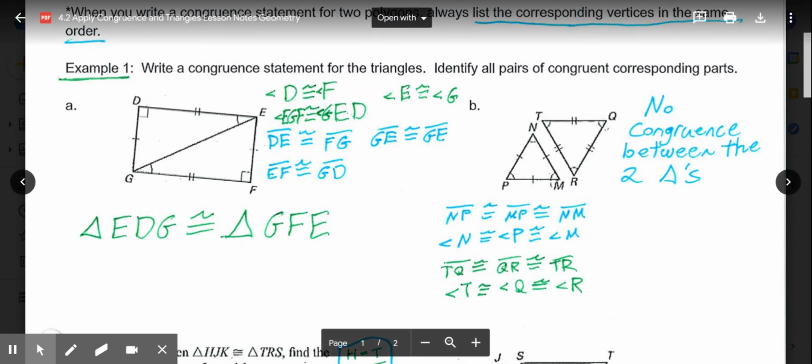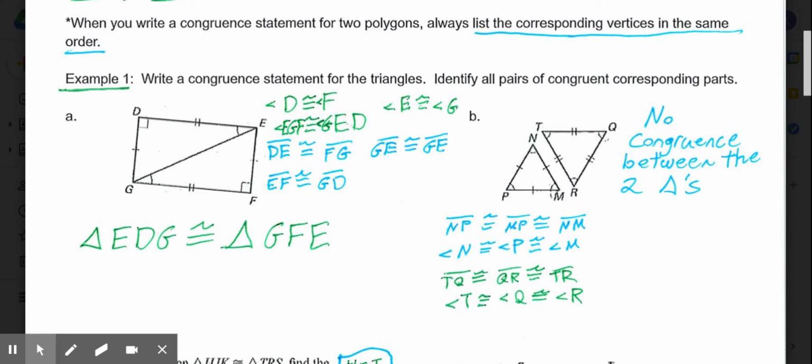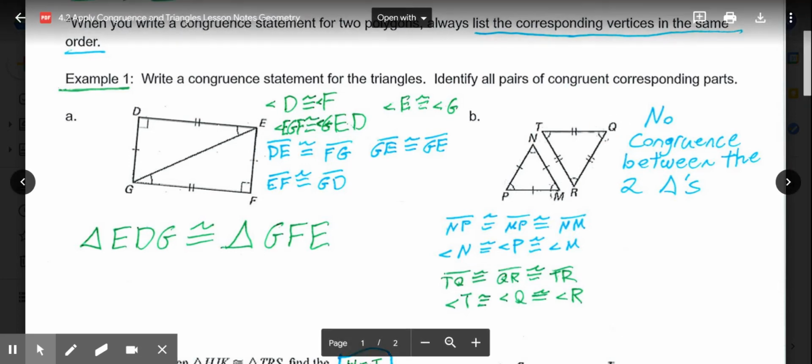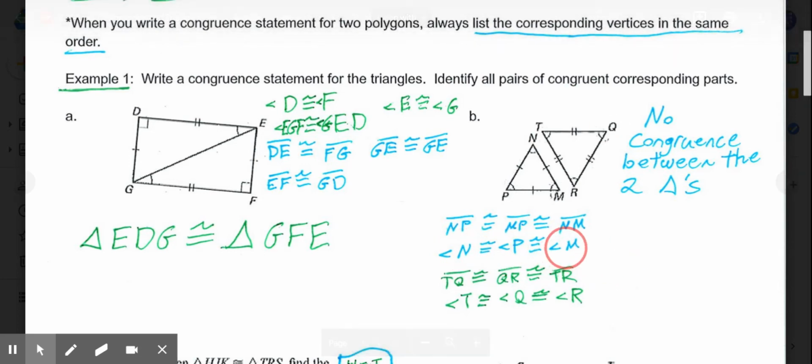In B, let's look at what we know. Well, we have two triangles, and I know all the angles, angle N, P, and M, have a single arc. Angle T, R, and Q have a single arc. So I know angle N, P, and M are all congruent. T, R, and Q are all congruent, and they're all congruent to each other.